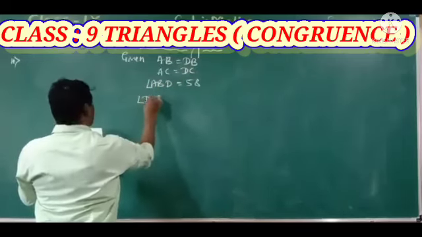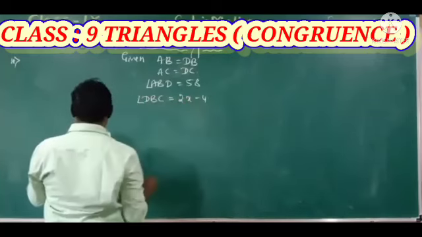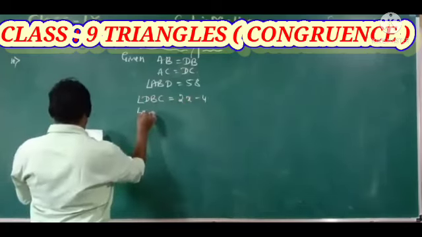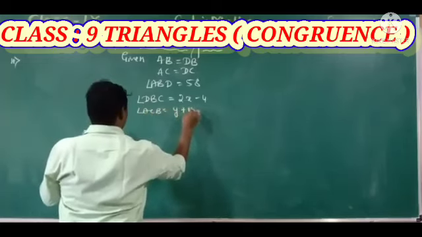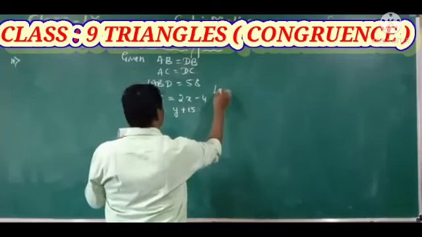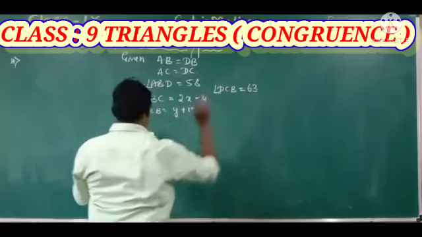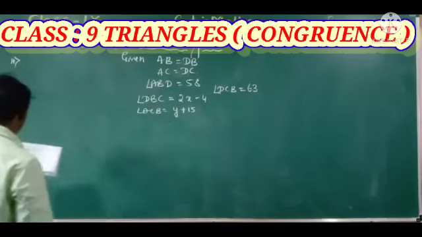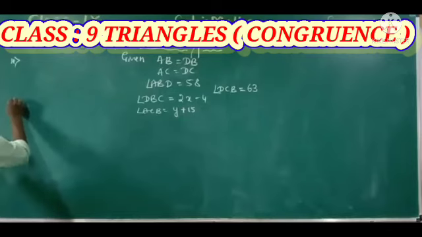Angle DBC is equal to 2x minus 4. Angle ACB is equal to y plus 15. And one more angle is given, that is angle DCB is equal to 63. Find the value of x and y.